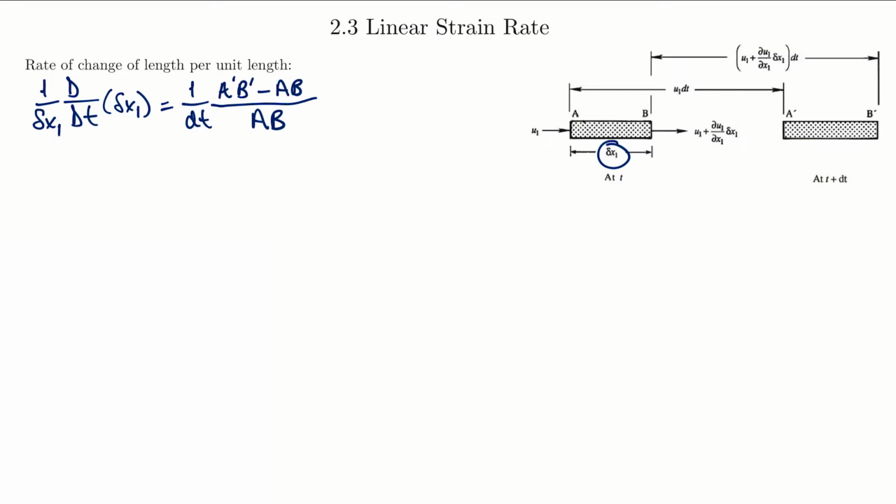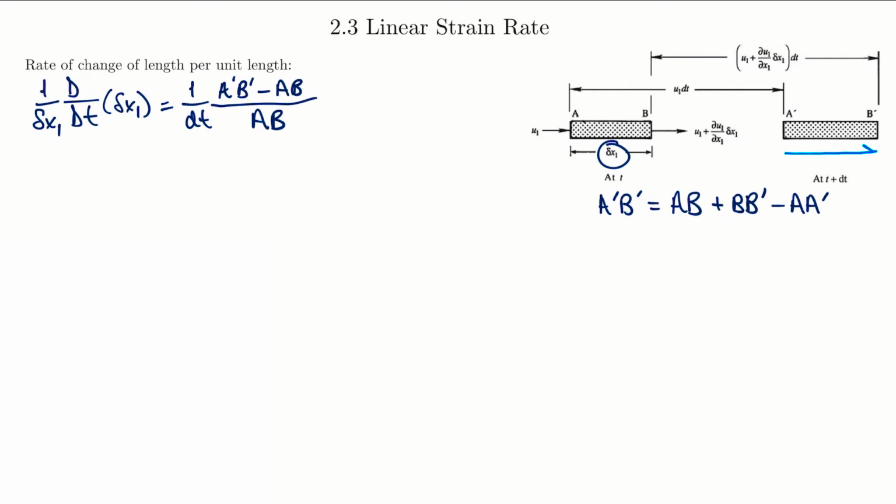And just to be super clear, we can note that this A'B' is actually equal to AB plus BB' minus AA', in another color.